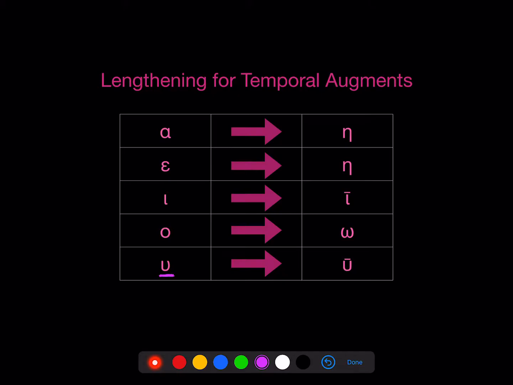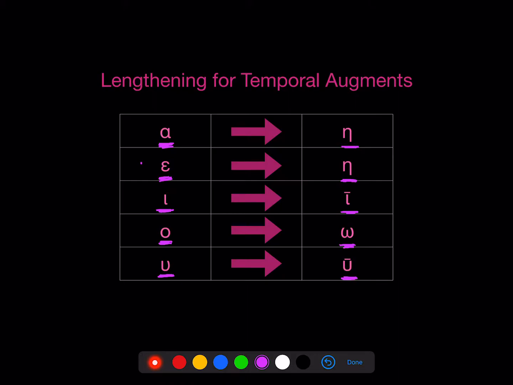You take short upsilon, it becomes long upsilon. Short omicron becomes long omega. Short iota becomes long iota. Short epsilon becomes its long version, eta. The one trick is that alpha also becomes eta.